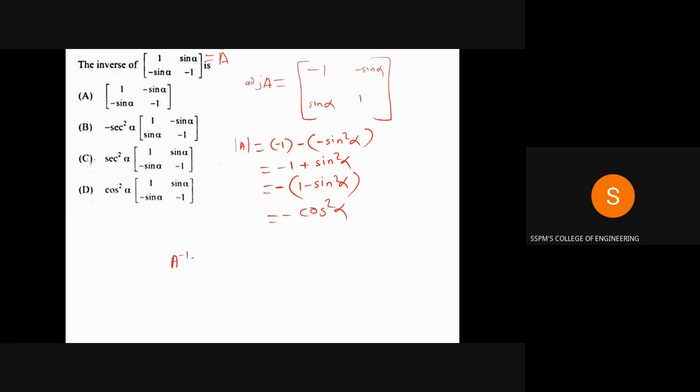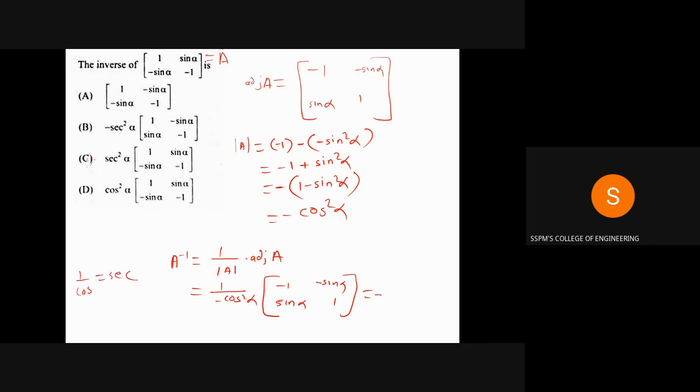So A inverse is equal to 1 upon determinant of A into adjoint of A, which is basically 1 upon minus cos square alpha into adjoint of A, minus 1, minus sine alpha, 1. What is 1 upon cos? 1 upon cos is equal to what? It is sec.